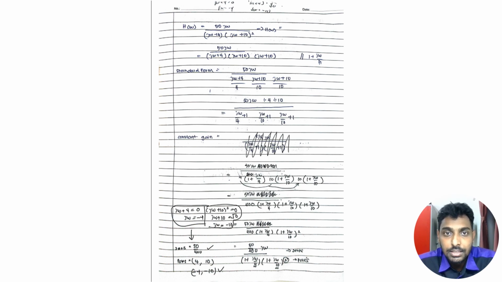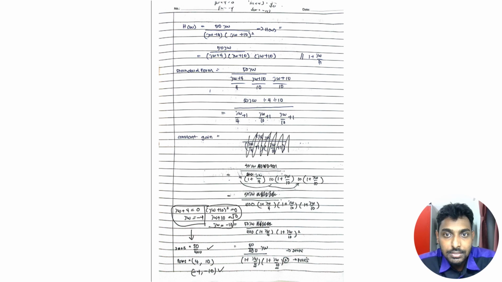So here we have the equation. H(ω), the transfer function, is 50 jω divided by (jω plus 4) and (jω plus 10) to the power of 2. This equation will be converted to the standard form. We need to separate the power of 2 into two factors, like partial fractions: jω plus 4, and jω plus 10 followed by jω plus 10 too.